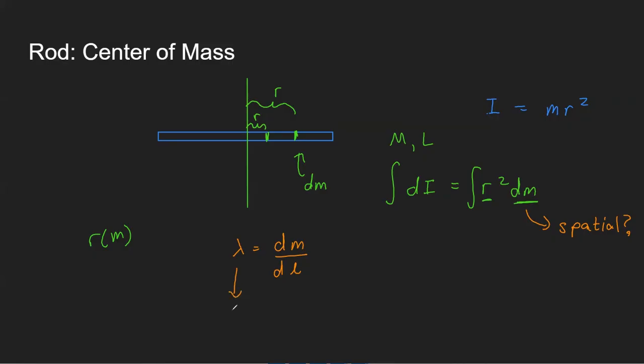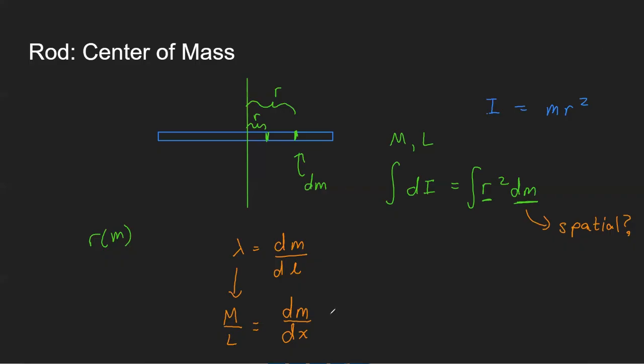First of all, because we are uniform density, I know that my density is my total mass over my total length. Secondly, I know that my arc length, my tiny increment of length, is aligned along the x-axis. Therefore, I can say this is dm by dx as opposed to the generic dl.